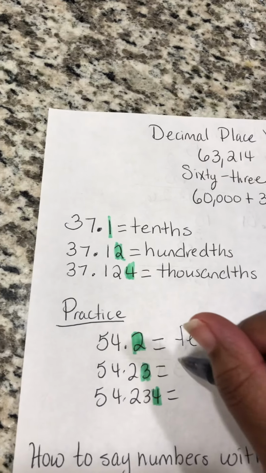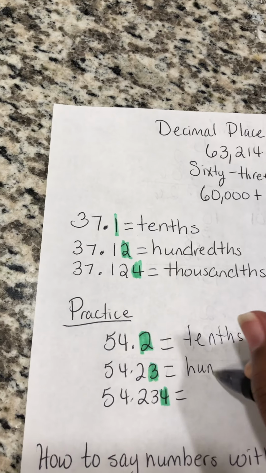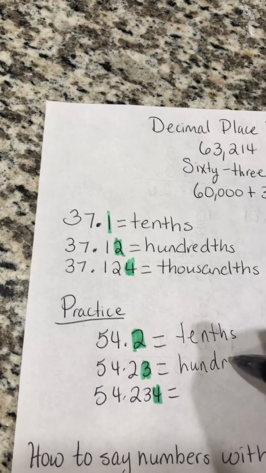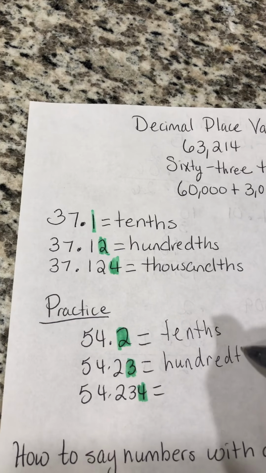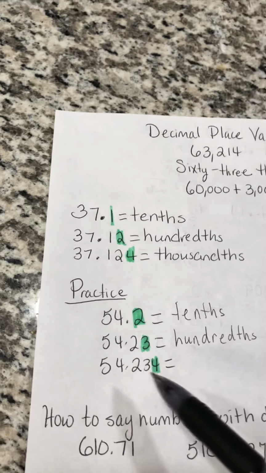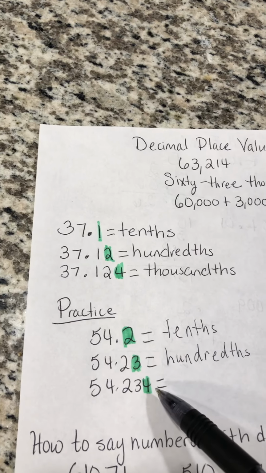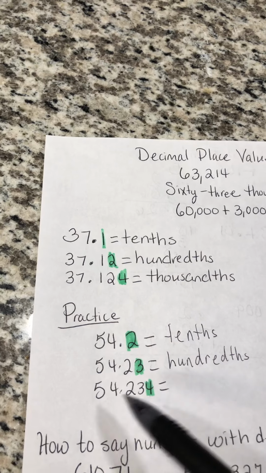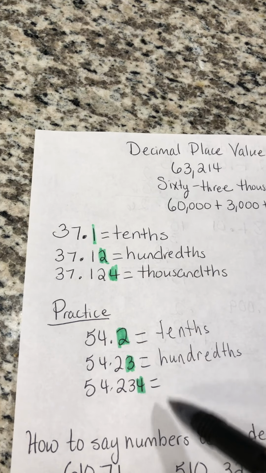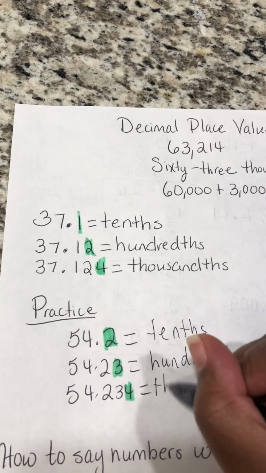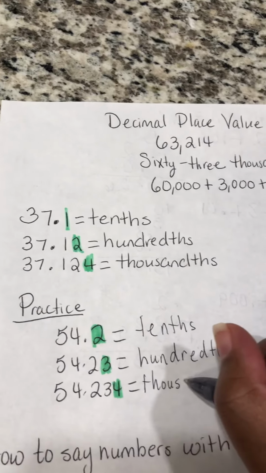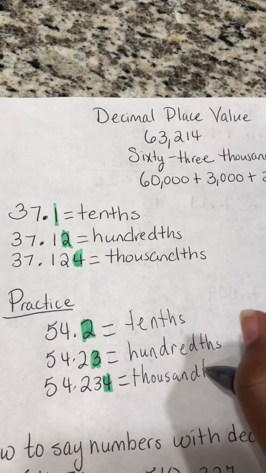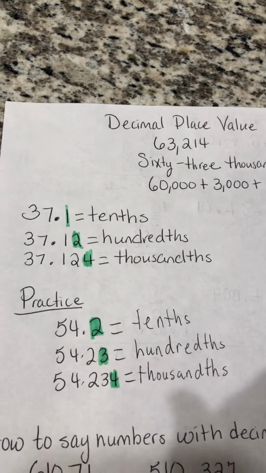Okay, so I'm going to write hundredths here. The second number to the right of the decimal. And last but not least, the third number to the right of the decimal is in the thousandths place. 54 and 234 thousandths. Hopefully you're following me so far.